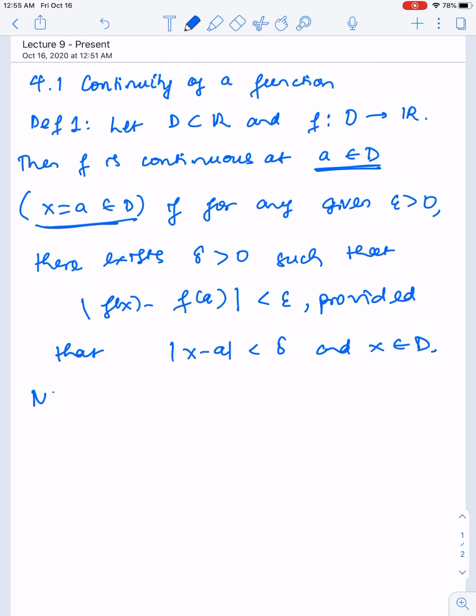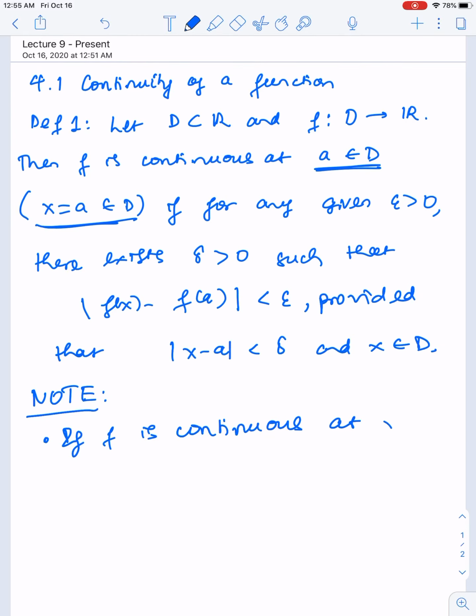Then you can pretty easily see that f is continuous at x equal to A if and only if the limit of f(x) as x goes to A equals f(a).